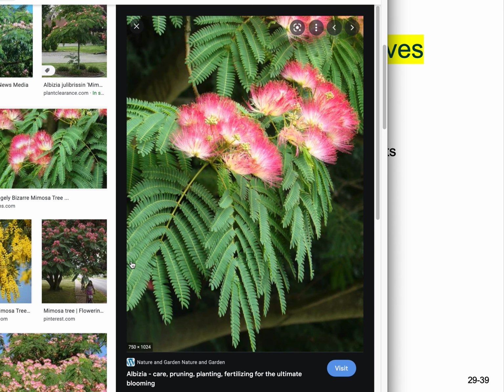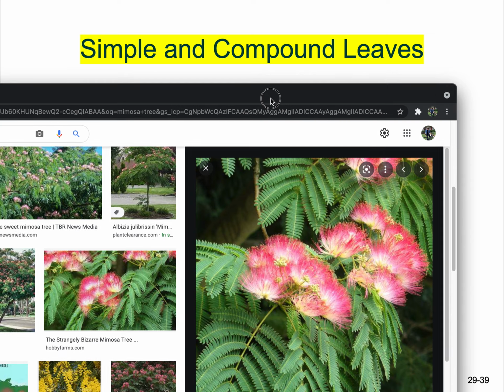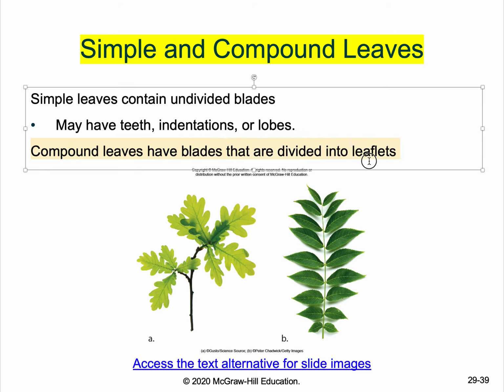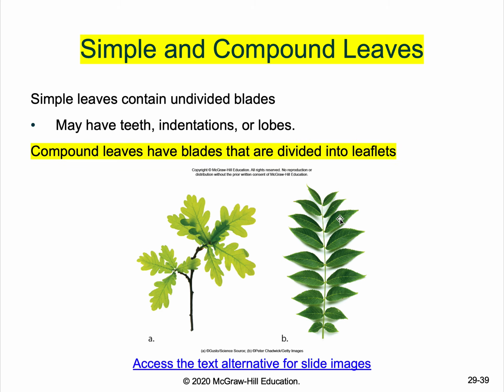But you see how all of this is a compound leaf, and all of this is considered to be 1 leaf. Very interesting. So those are simple and compound leaves. And it says here, compound leaves have blades that are divided into leaflets. So these are considered to be the leaflets.